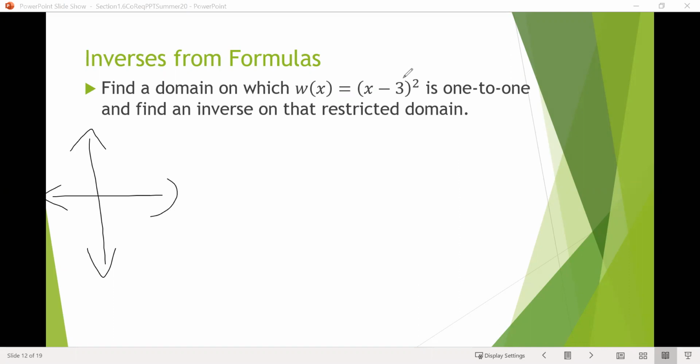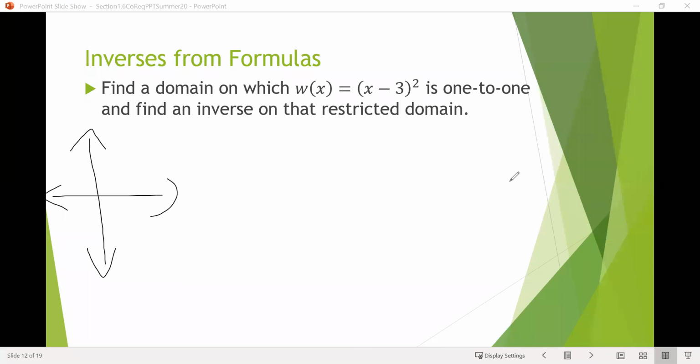Which toolkit is it a transformation of? Right, it would be a transformation of the quadratic. And because that minus 3 is on the inside there with the x, that means it's been shifted 3 units to the right.